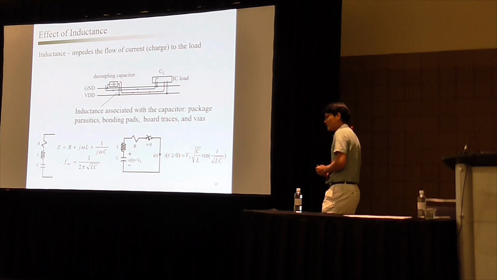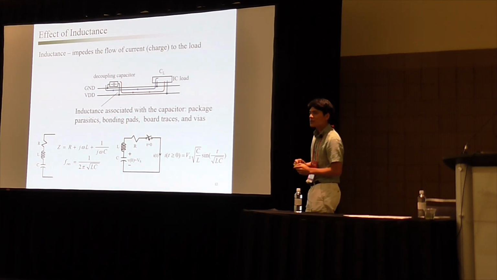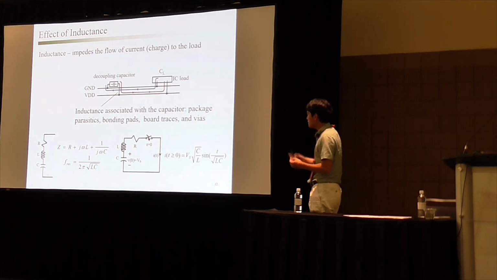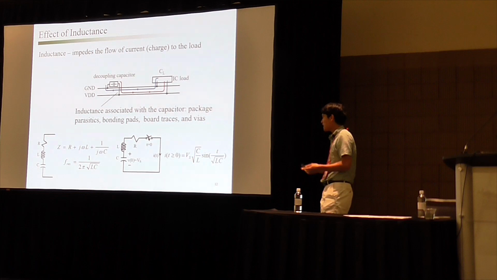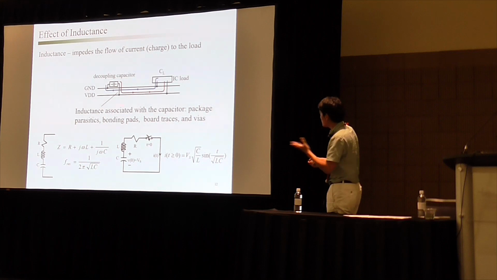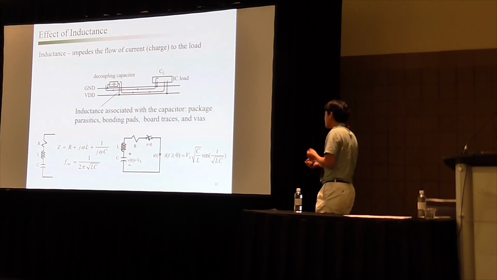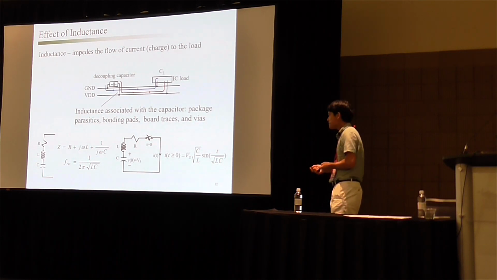When you design the PDN, we may say we are designing inductance. What we do here is reduce the inductance so that we can satisfy some target impedance. For these decoupling capacitors, many geometries are associated with them, like package parasitics, bonding pads, the board traces and the vias. They are all attributed to this inductance.